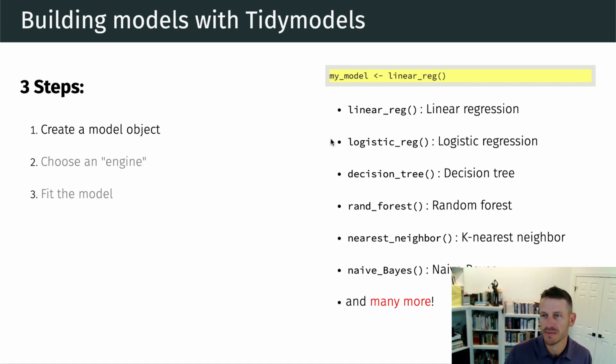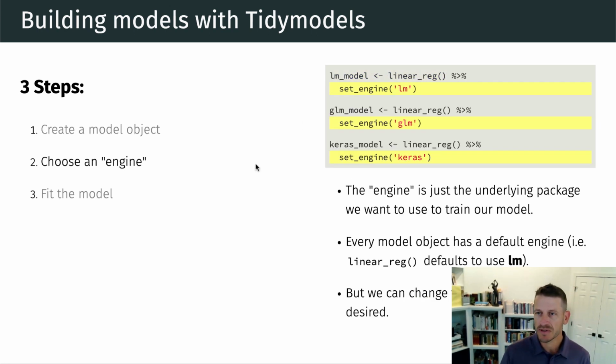So this is create the model object of interest. We may want to create a linear regression model, or maybe a logistic regression model, or maybe a decision tree, or a random forest. We're going to learn about many of these different algorithms throughout the rest of this course. But these are just the algorithms that we want to implement, right? So in this case, I just want to create a linear regression model.